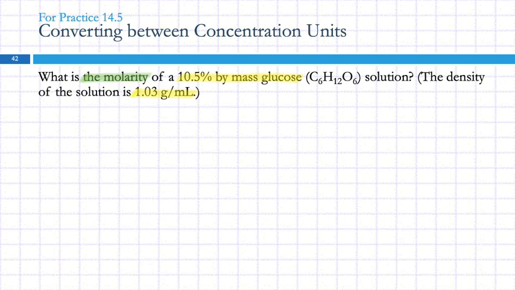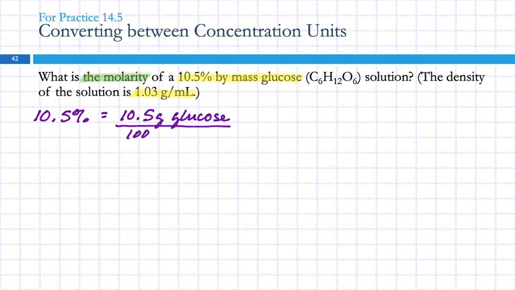So let's write down what we have. We have 10.5% by mass. So let's write that out as 10.5 grams of glucose per 100 grams of solution.